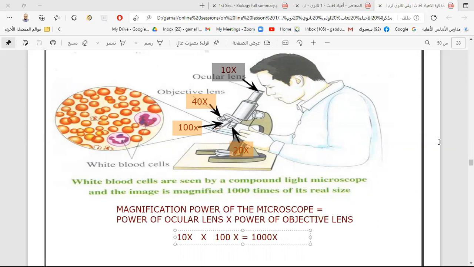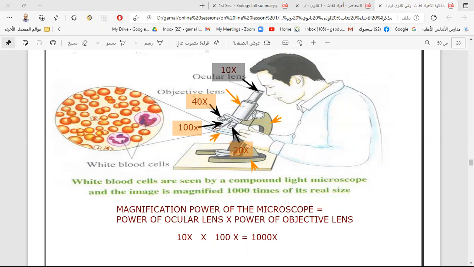Okay, Mazen. Now we are talking about the magnification power of the microscope. We have here a light microscope, and we study its parts. It has many parts. It has mechanical parts like the base, and the arm is a mechanical part, and the stage is a mechanical part, and the tube also a mechanical part.